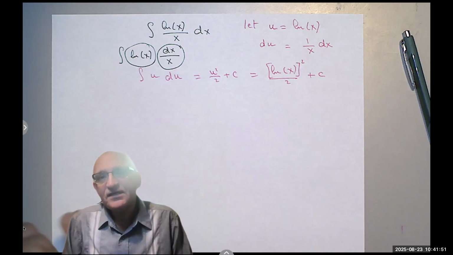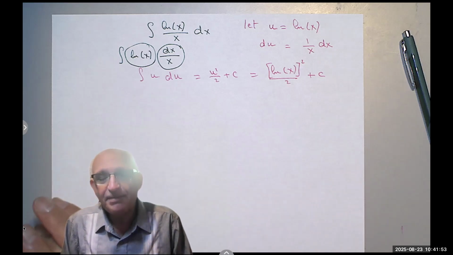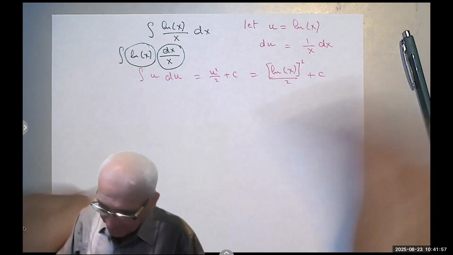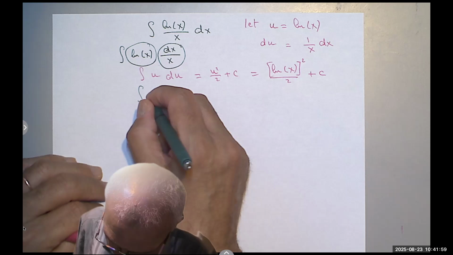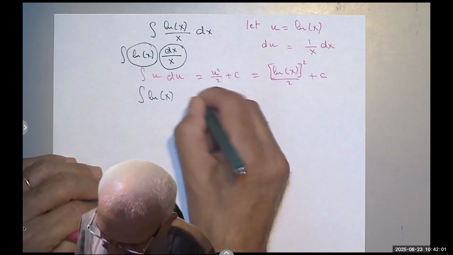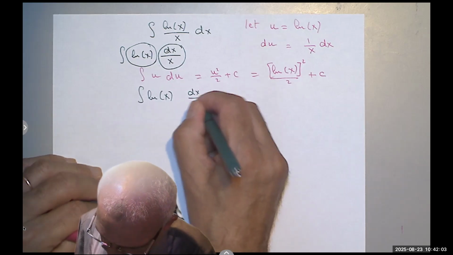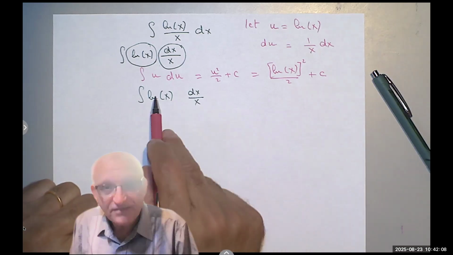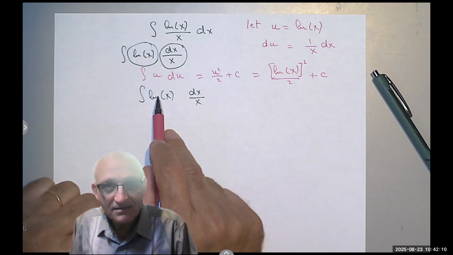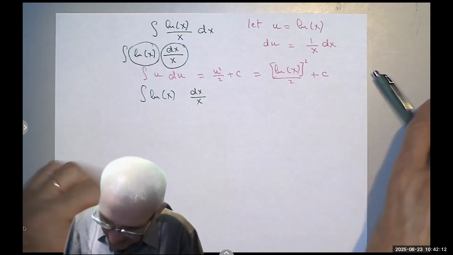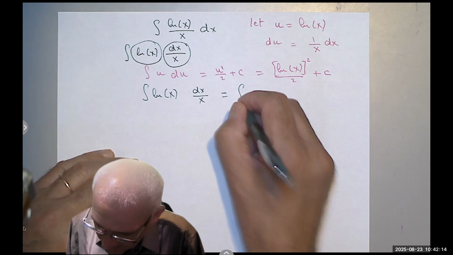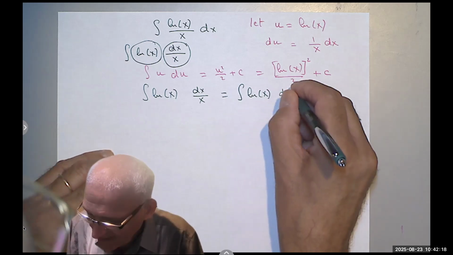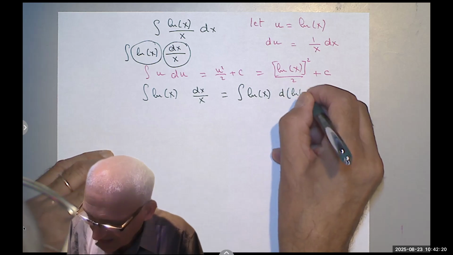But I also can think of it slightly differently by saying the following. Here is my integral. I'm going to rewrite it like that. But I recognize that this thing is the derivative of that, right? So I can rewrite it as the integral of natural log of x d natural log of x.